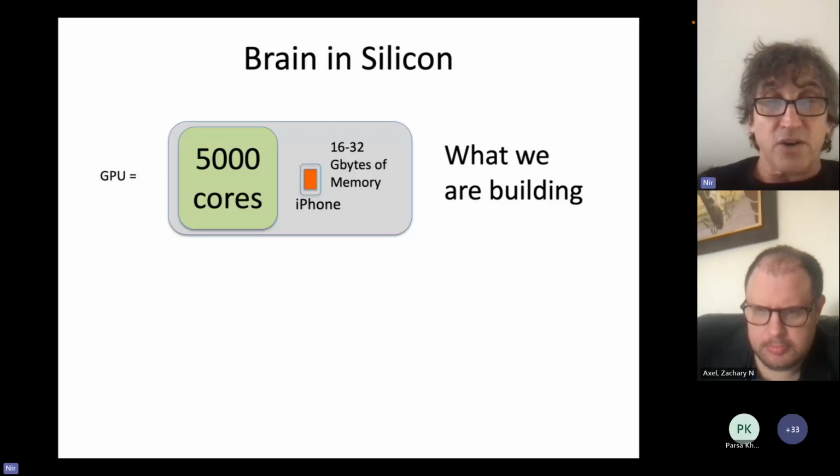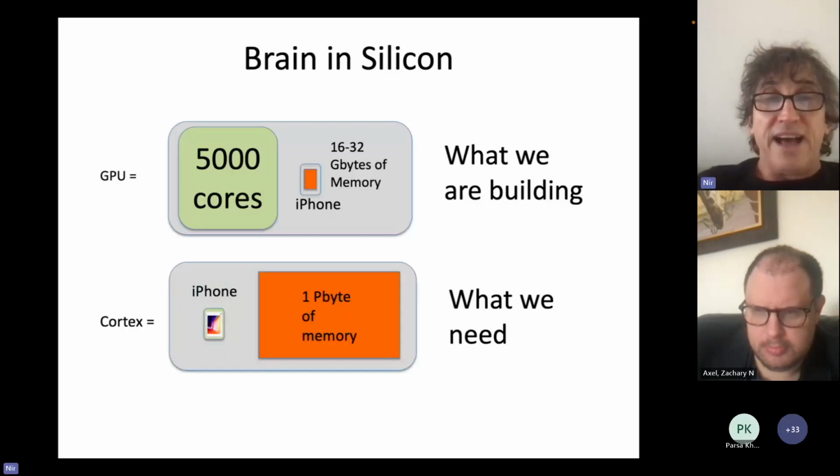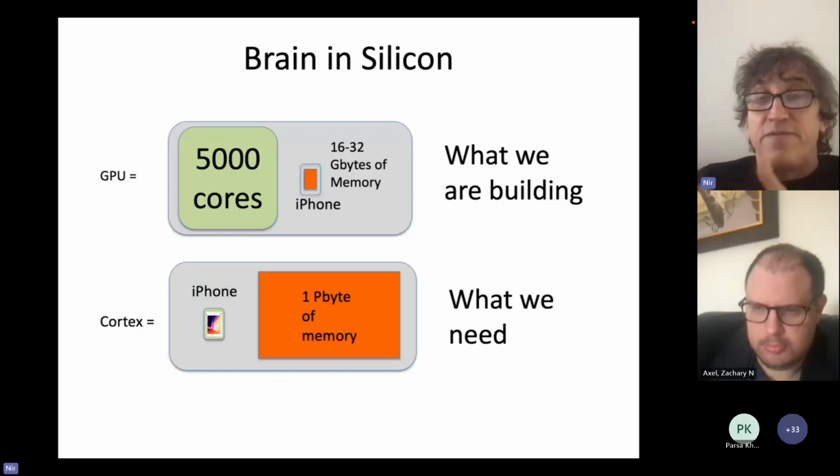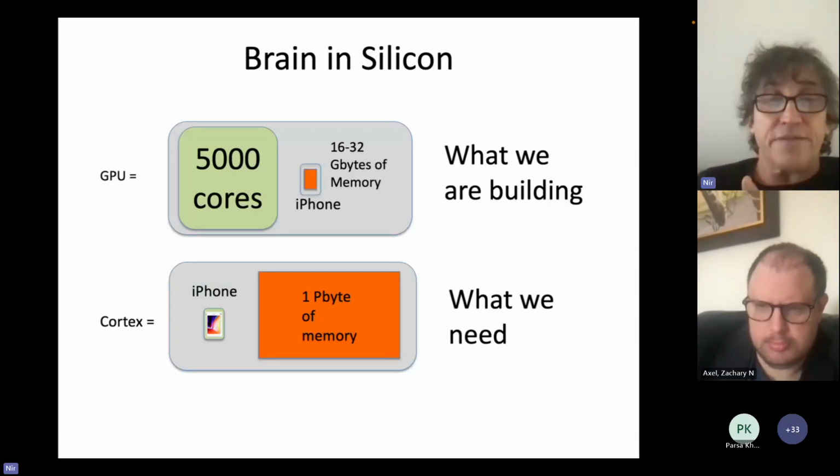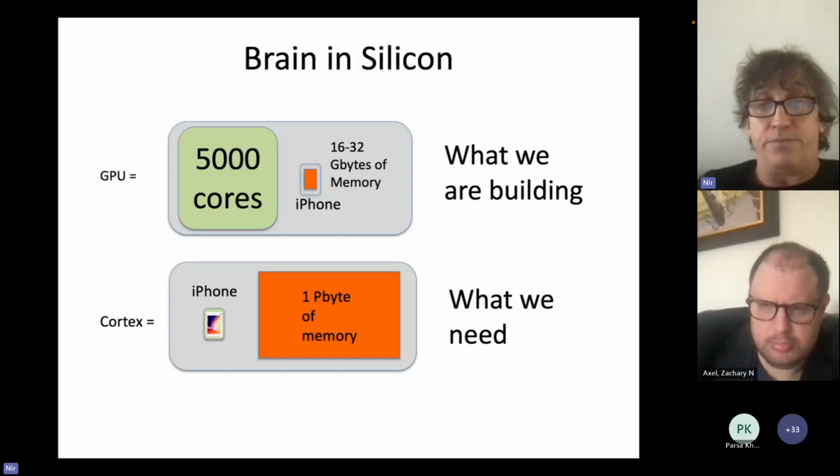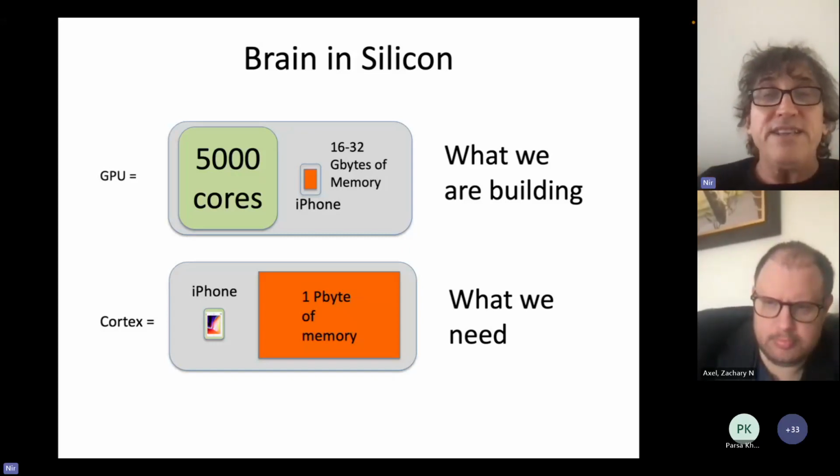I'm aiming at a teraflop of compute with the memory of an iPhone, where what I really need to mimic a brain is probably an iPhone of compute on a petabyte of memory. We're building the opposite thing of what we really need.